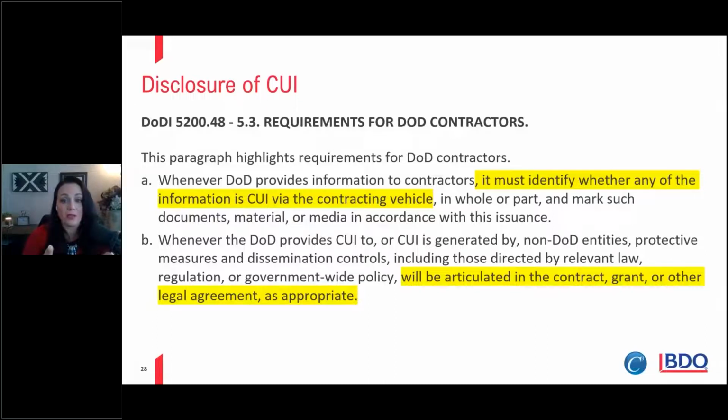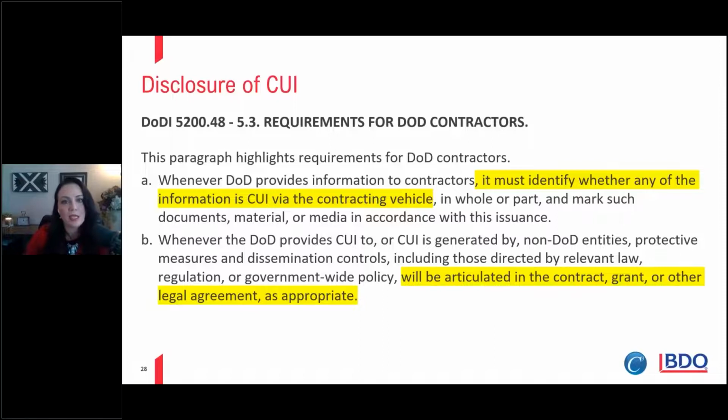So the first step is get more information from your contract authority. They're supposed to pass this information down in the contracting vehicle. Whenever the DOD provides CUI to or CUI is generated by non-DOD entities, that's you, protective measures and dissemination controls, and this is very critical, dissemination controls, including those directed by relevant law, regulation, or government-wide policy, will be articulated in the contract, grant, or other legal agreement.